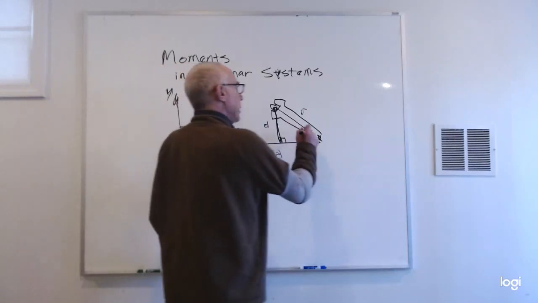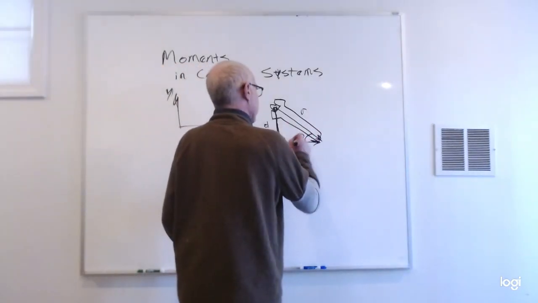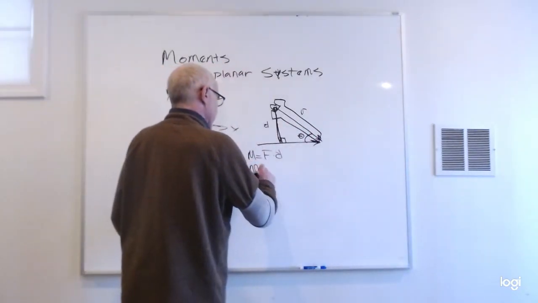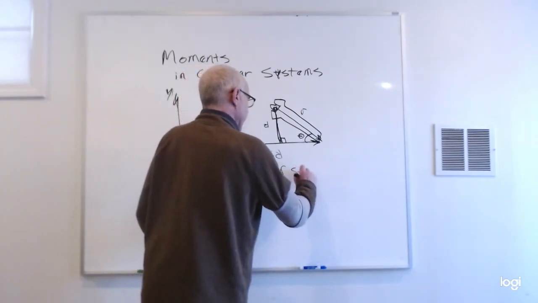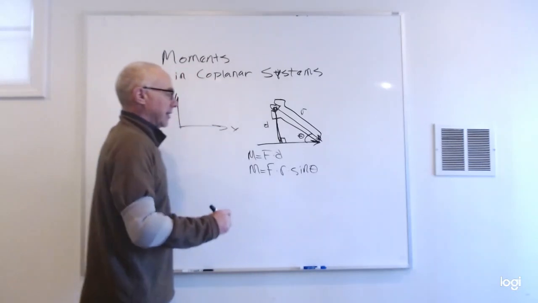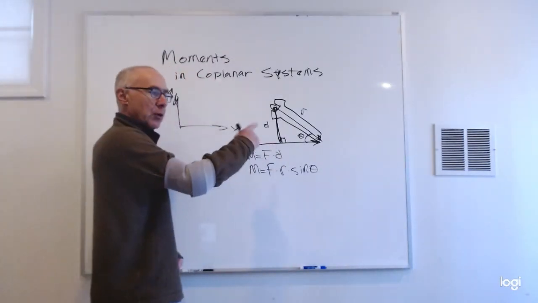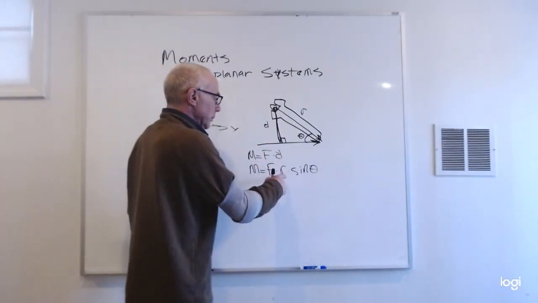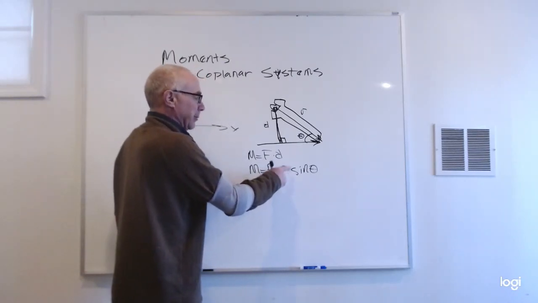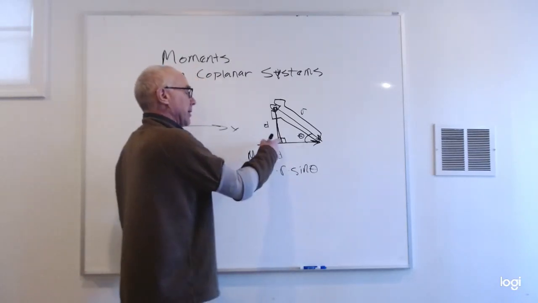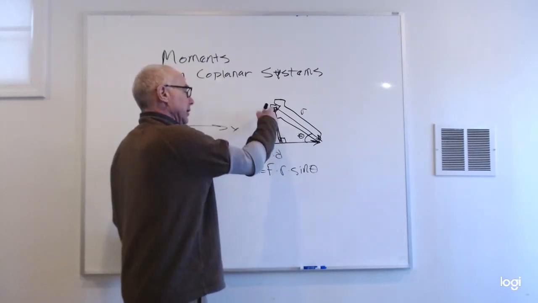But if we have an angle theta here, then M equals F times R sine theta, because sine theta is opposite over hypotenuse. R is our hypotenuse, so multiplying the hypotenuse by sine theta gives the opposite, which is the length of D.